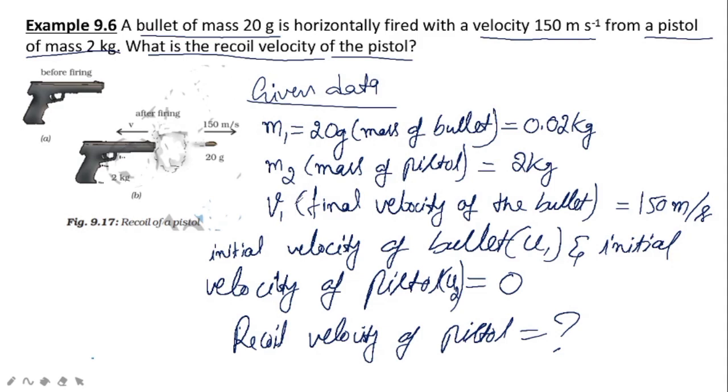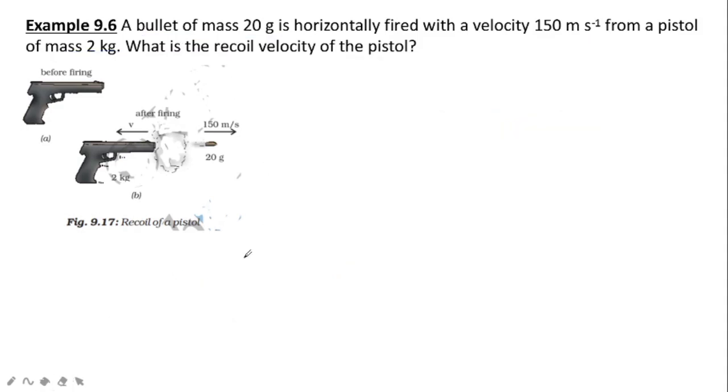Now, since it is related to conservation of momentum, we have to use the formula of conservation of momentum. So let us begin with that. Please all of you try to remember the formula which we learnt in conservation of momentum. That is ma ua plus mb ub is equal to ma va plus mb into vb.